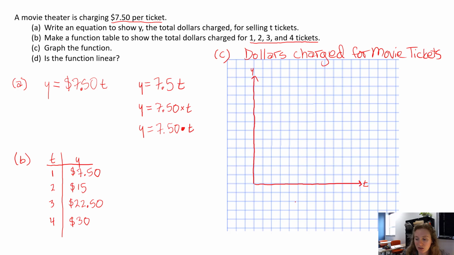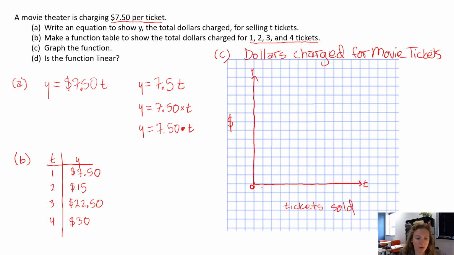So that horizontal axis T is the number of tickets sold. And then the vertical axis is the amount of money we're paying, so I'll just put some dollars there to show that. We know that where the two axes meet is 0. That's our origin.